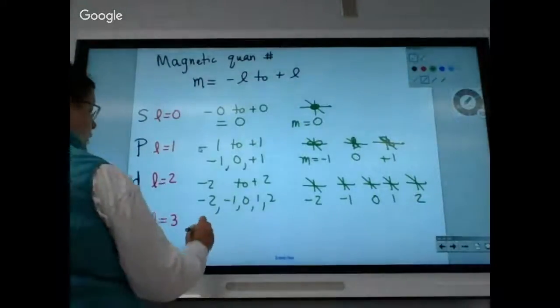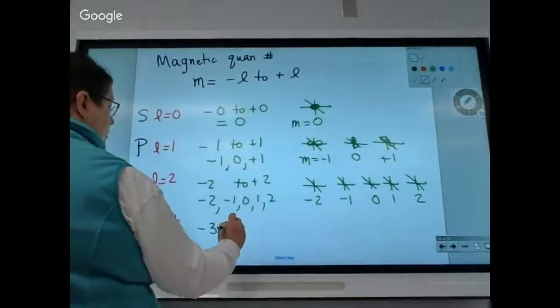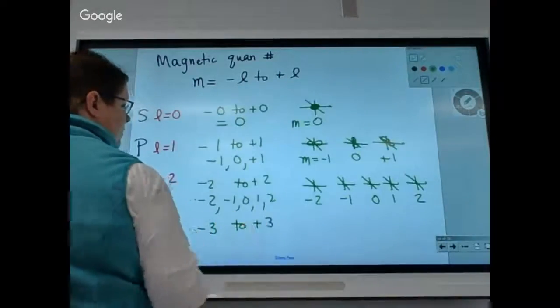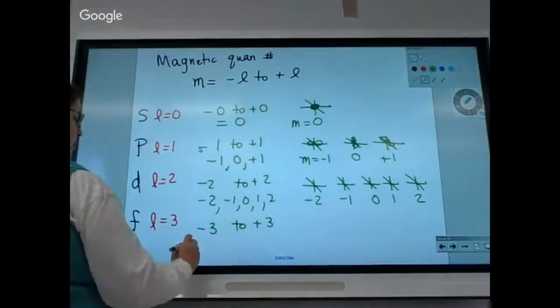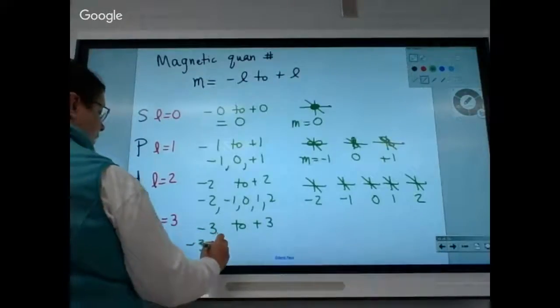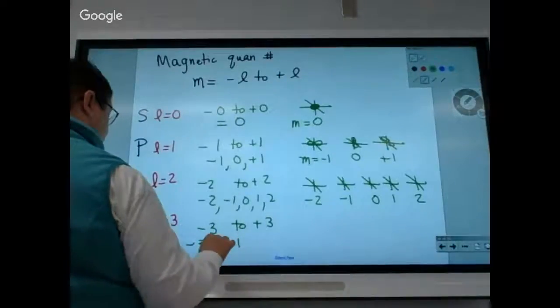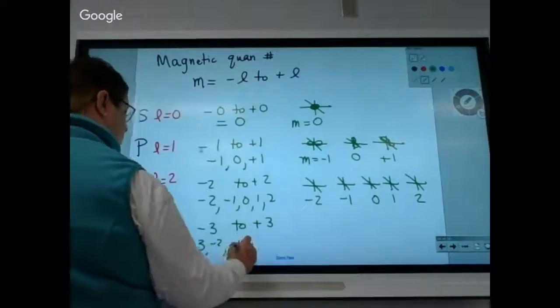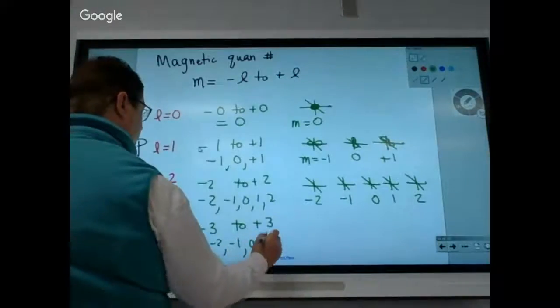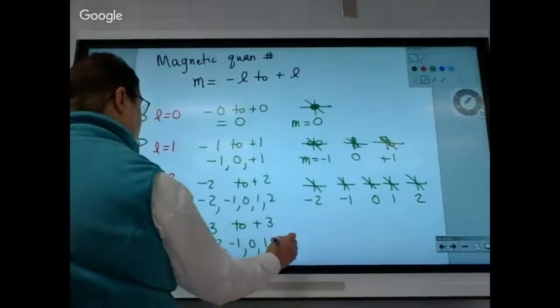And the last one goes from -3 to +3. So this time I have numbers of -3, -2, -1, 0, 1, 2, and 3.